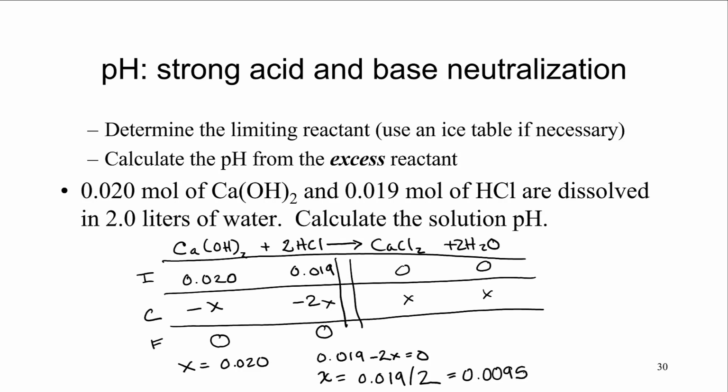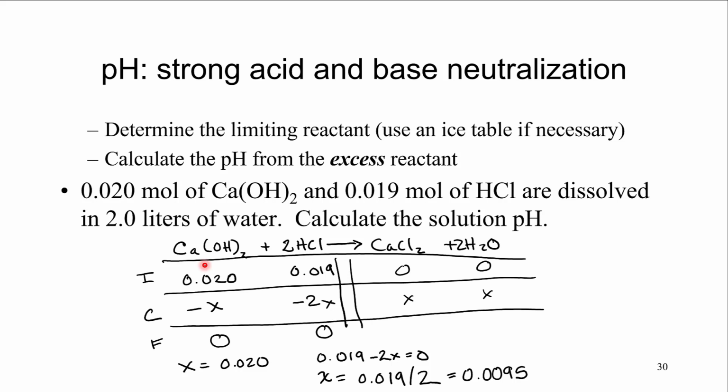Now you notice that this value for x is smaller than this value, so this is the limiting reactant. When x equals this value, then the HCl will have dropped to 0, can't go any further, and then you'll have an excess of calcium hydroxide.